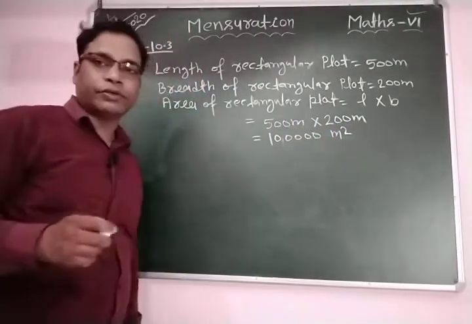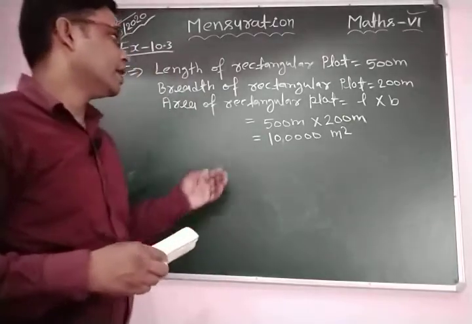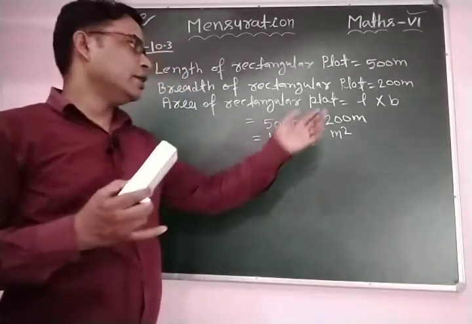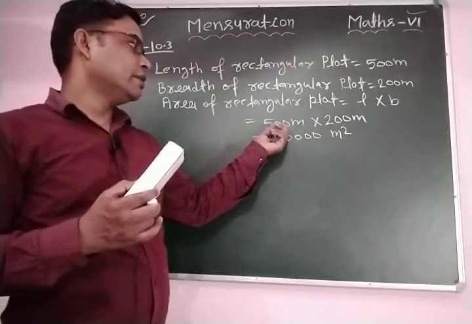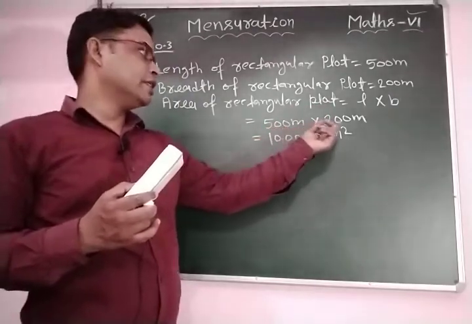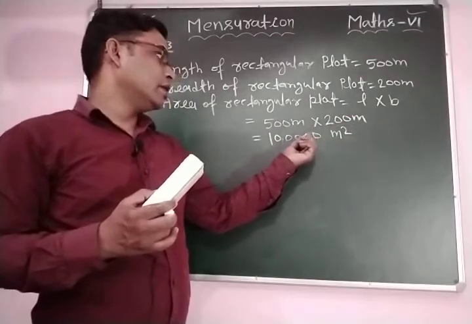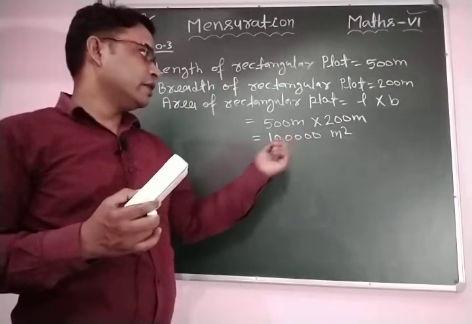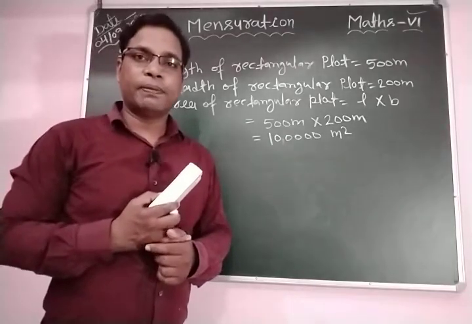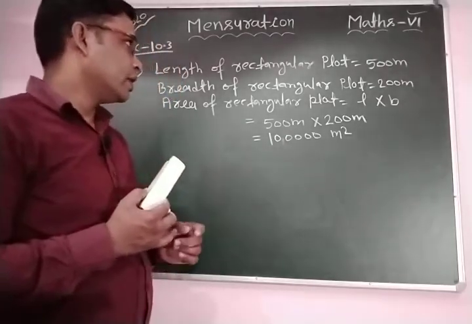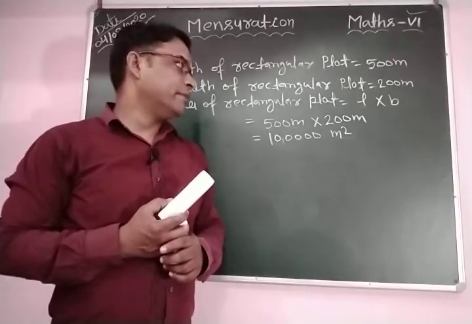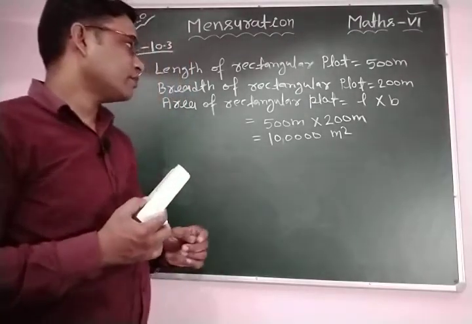So in this way you can find the area of a rectangular plot, L into B, with length 500 meters and breadth 200 meters, is 1 lakh meter square.